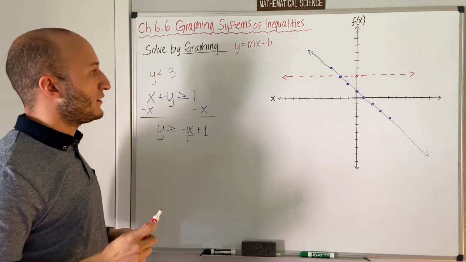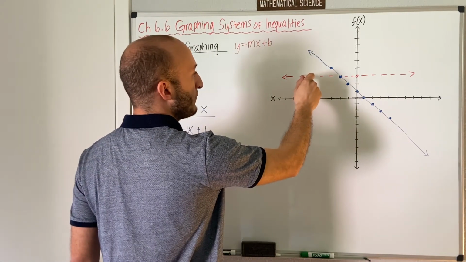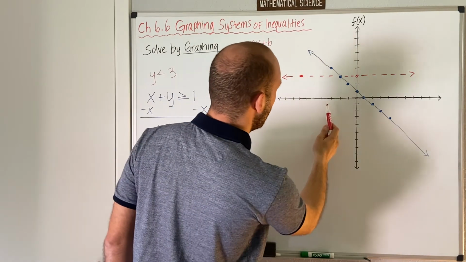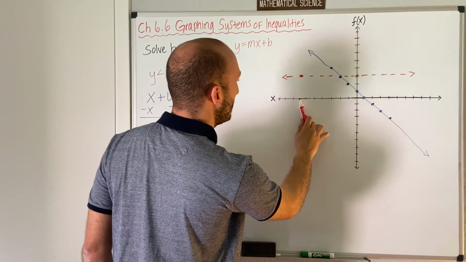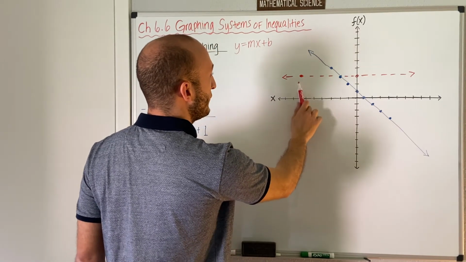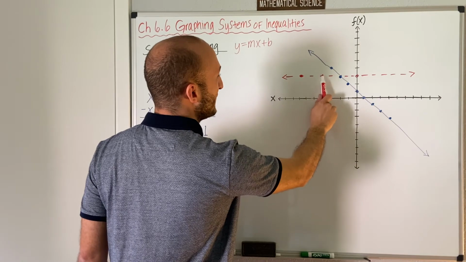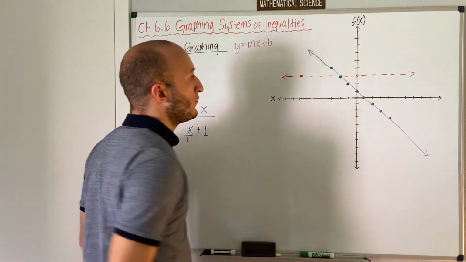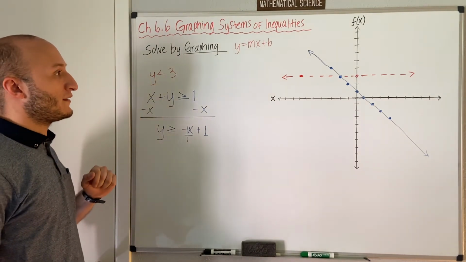If I grab this point and ask what point that is, that is 7 for my x and 3 for my y. So for any x, I have 3 for y. That's why it's graphed that way.